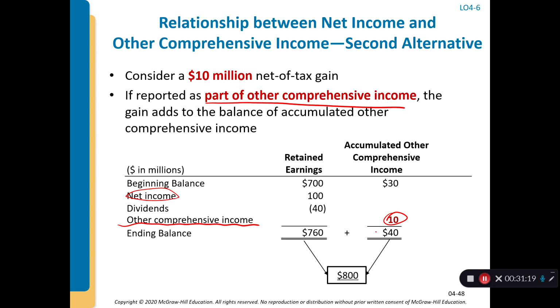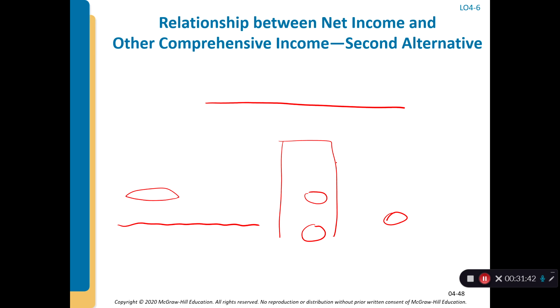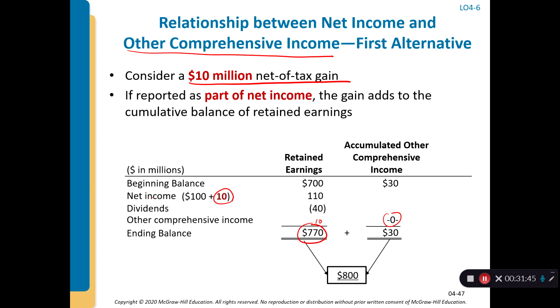If you consider this 10 million non-recurring and put it in accumulated other comprehensive income, then the net income number and the retained earnings number are more comparable with prior years. If you put it inside net income, as we did earlier, this number might not be really comparable with last year.